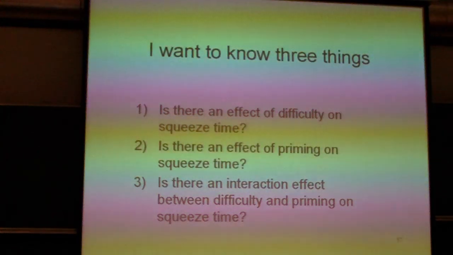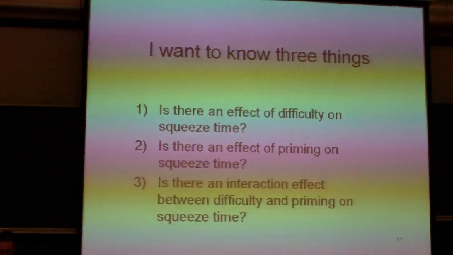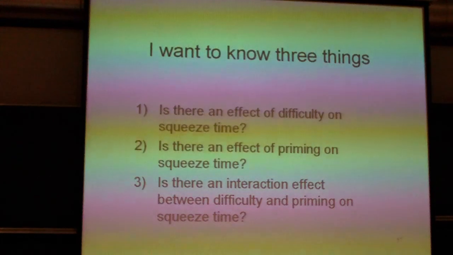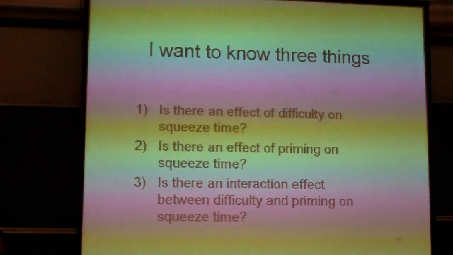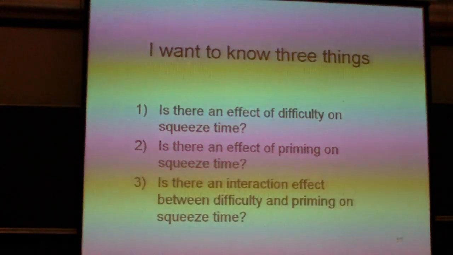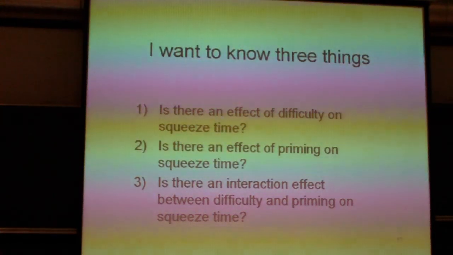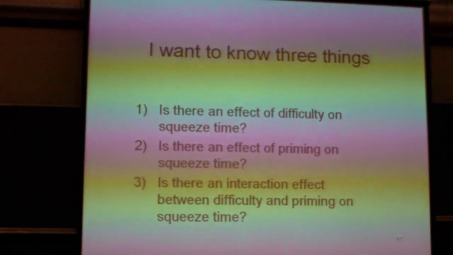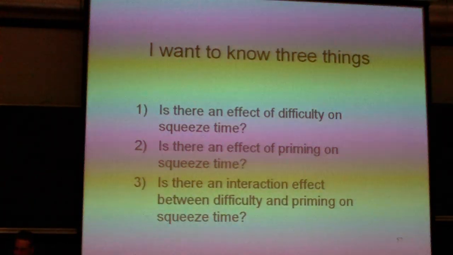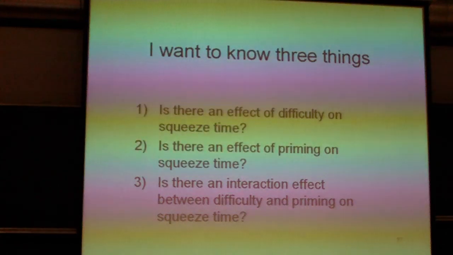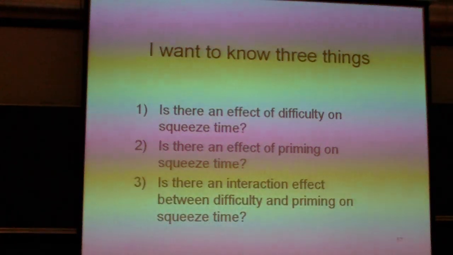A more meaningful way would be to directly answer the questions that we're actually interested in. For instance, is there an effect of difficulty on squeeze time? Is there an effect of priming on squeeze time? And lastly, is there an interaction effect between difficulty and priming on squeeze time?